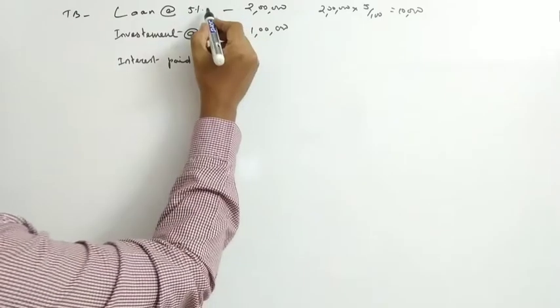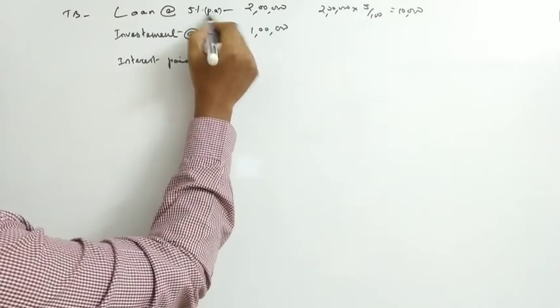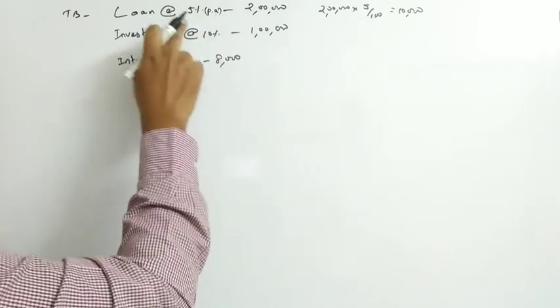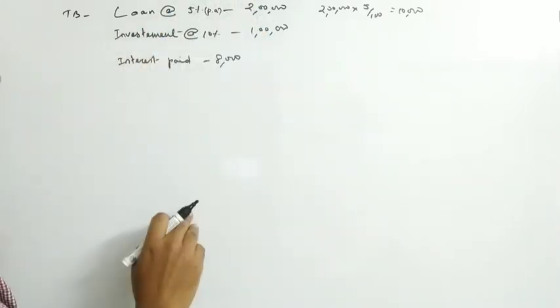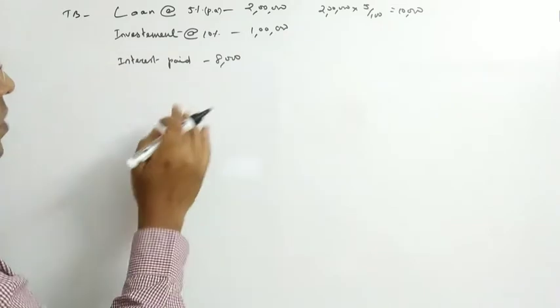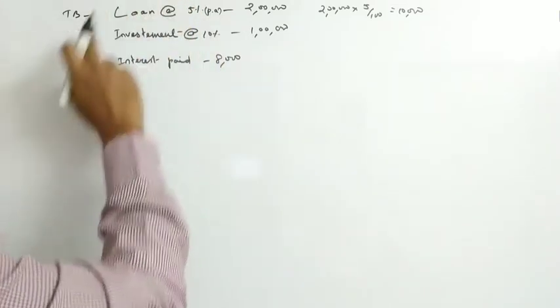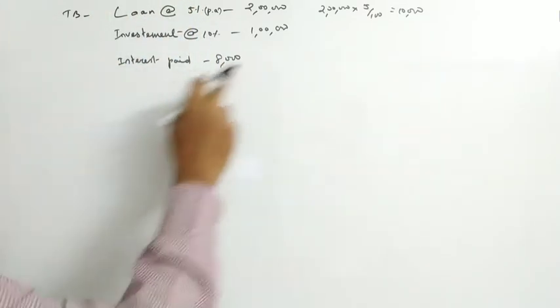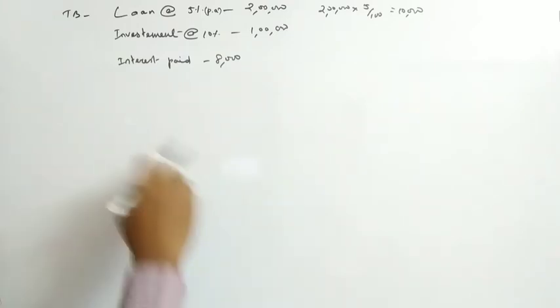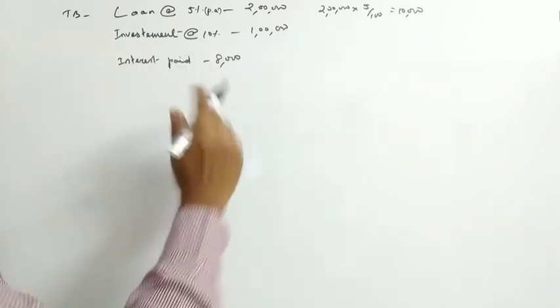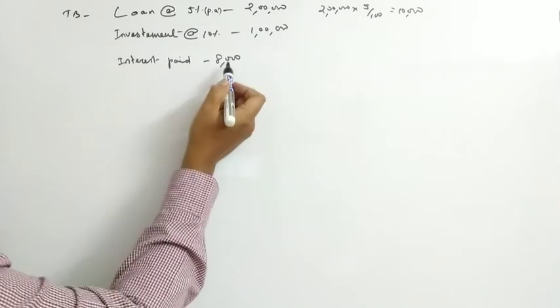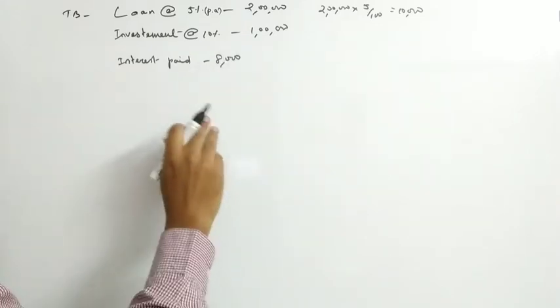Normally, a per annum instruction would be given. So annually we need to calculate 5% interest on the loan. Out of that, how much is paid? We should check whether any ledger account balance is there as interest, like interest creditor or interest paid account. So here we have the interest paid account. That is only 8,000.